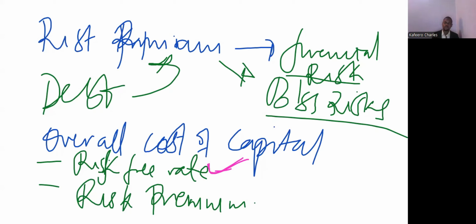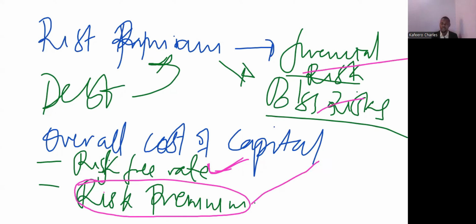But since commercial banks use money to trade as their inventory, they are going to make sure that they get what we call risk premium. They are risking their money to give it out in debt. So you will find that what is going to be charged from your company as you borrow money from the bank is different from what these banks are getting the money at from the central bank. That's how it operates. So the reason why they are including the risk premium is to cater for both financial risks and the business risks.